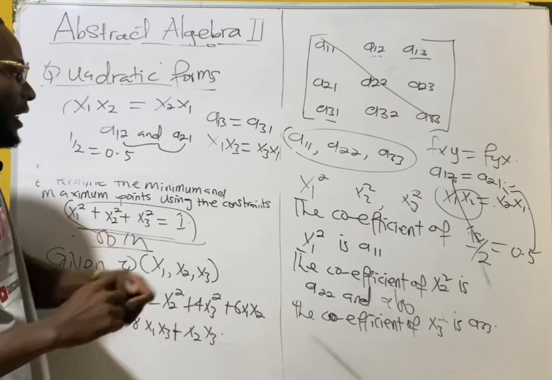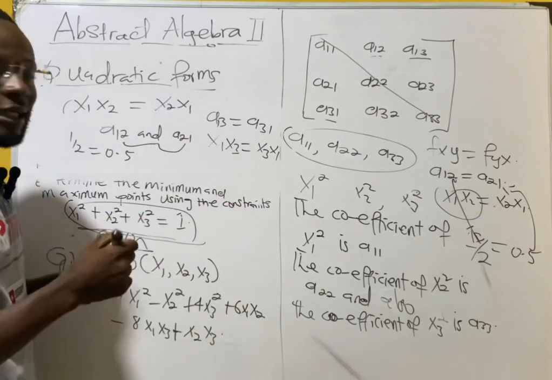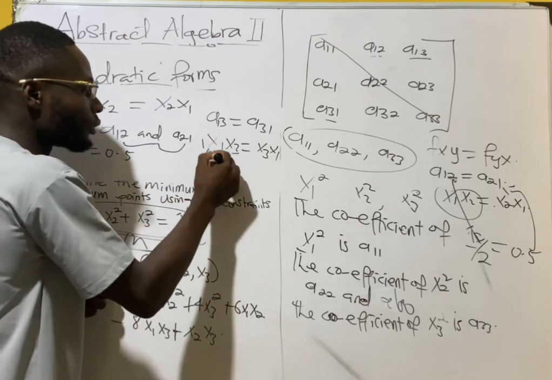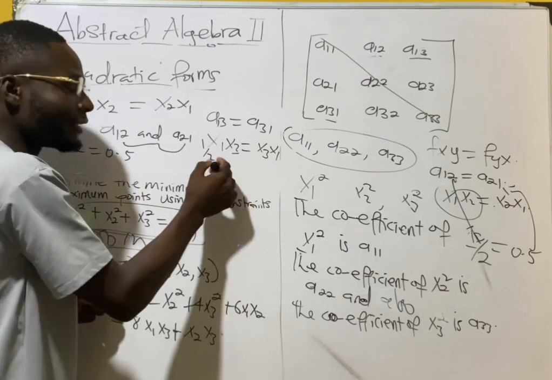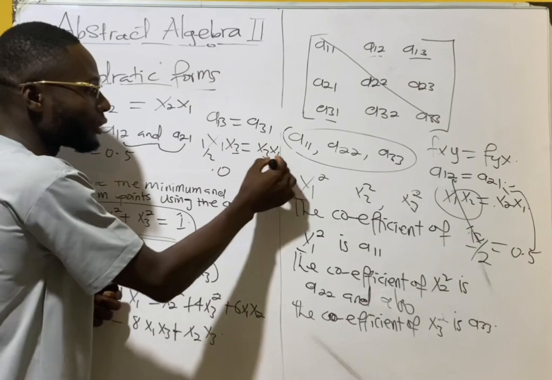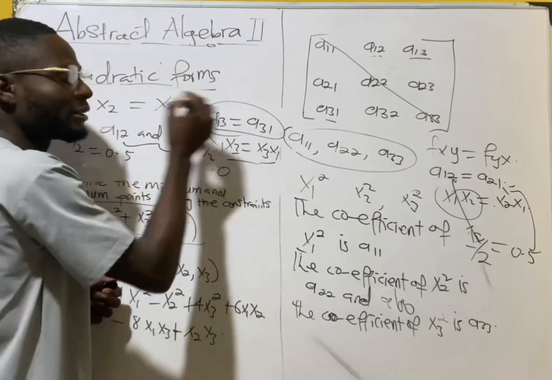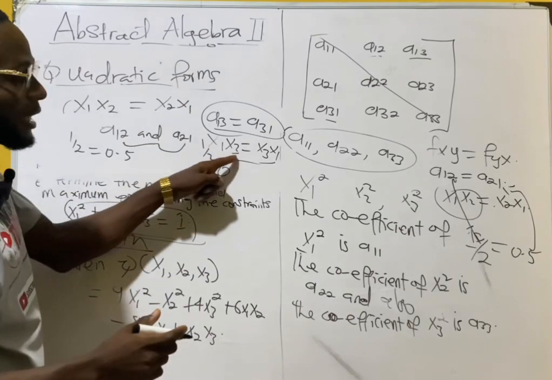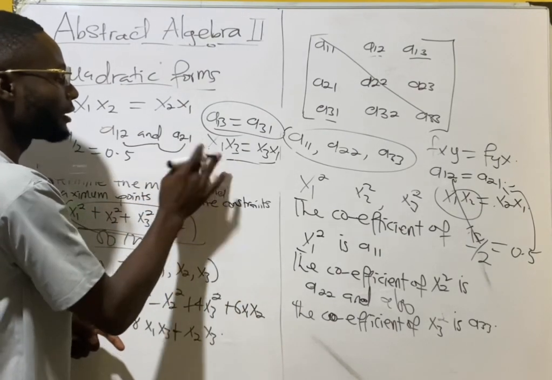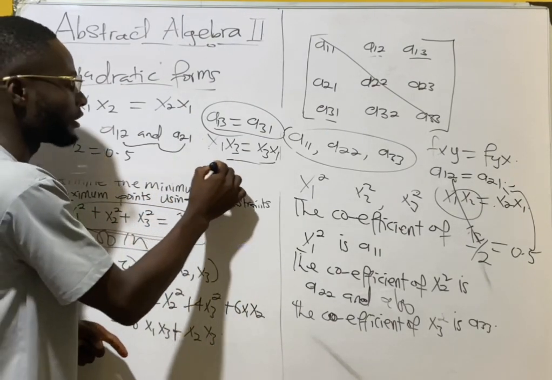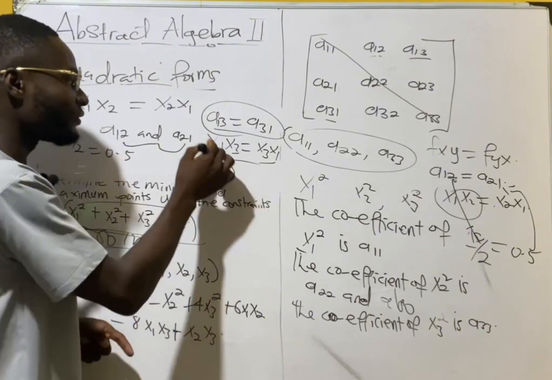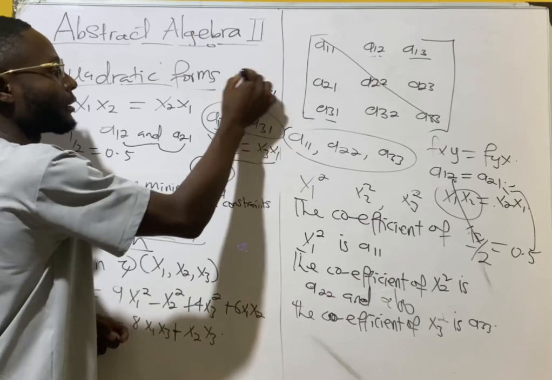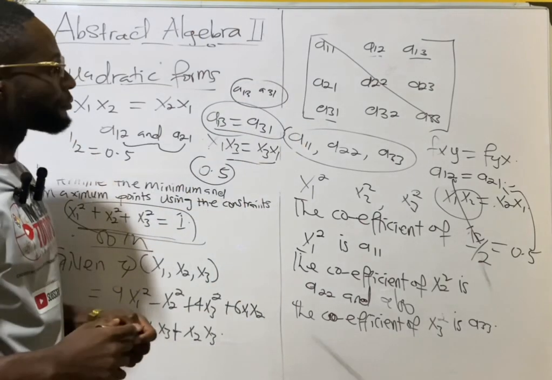So if you have x1 x3, then the coefficient that you have there, divide it by 2 and then share the result among them. If the coefficient of x1 x3 is 1, then divide by 2 to have 0.5, and you share the 0.5 for A13 and A31, because they are all the same.